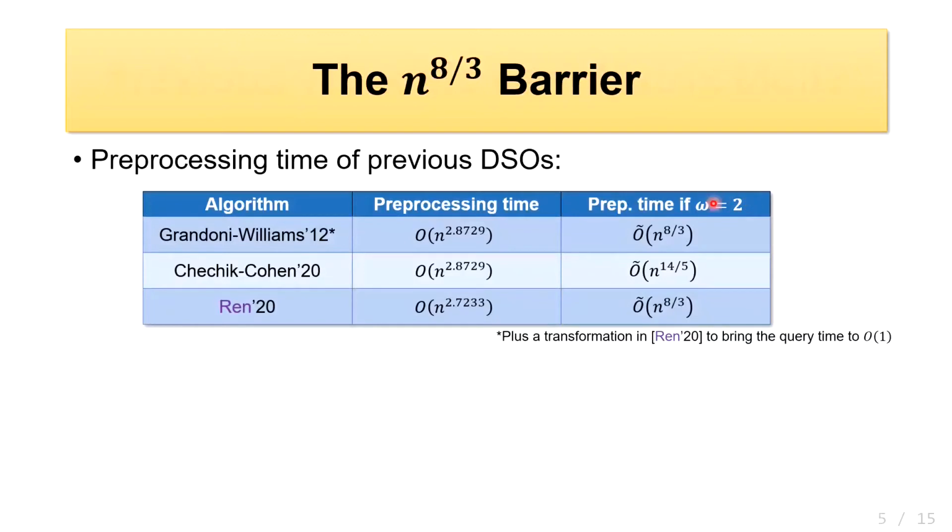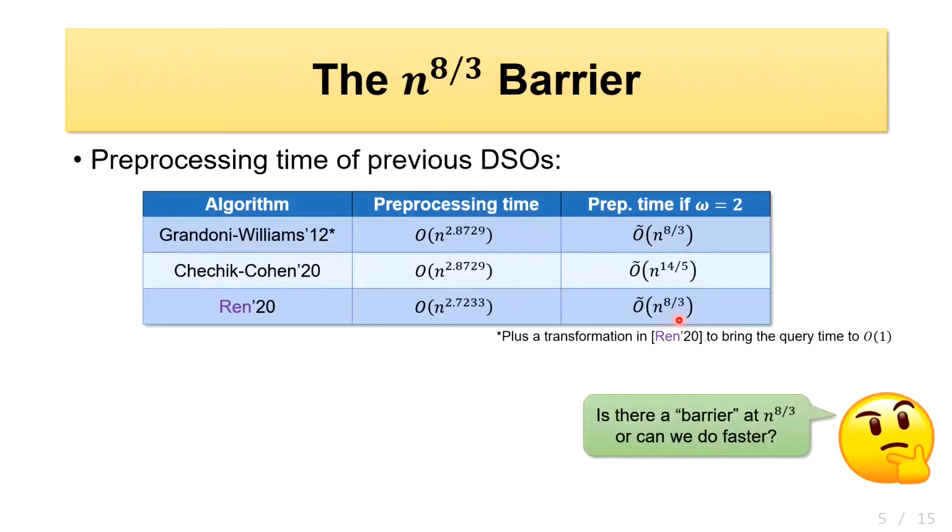Even if we assume omega is equal to 2, the preprocessing times are n to the 8 over 3, n to the 14 over 5, and n to the 8 over 3 respectively. Seems that we are stuck at n to the 8 over 3, and it's natural to ask whether this n to the 8 over 3 is optimal or whether we could do something better.